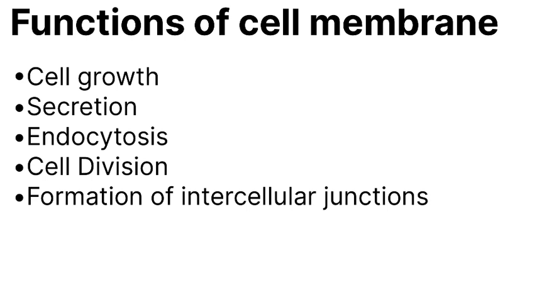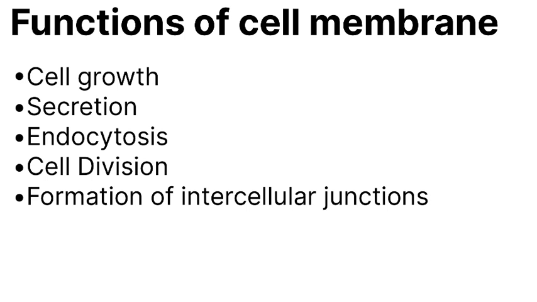Then we have secretion, which is a process by which the cell releases substances like hormones, enzymes, or other waste out of the cell into the extracellular space by exocytosis. Then we have another essential function of the cell membrane, which is endocytosis, a process by which the cell membrane engulfs materials from the outside environment and brings them into the cell by forming vesicles.